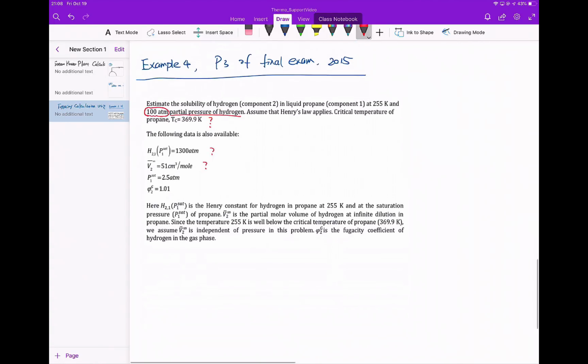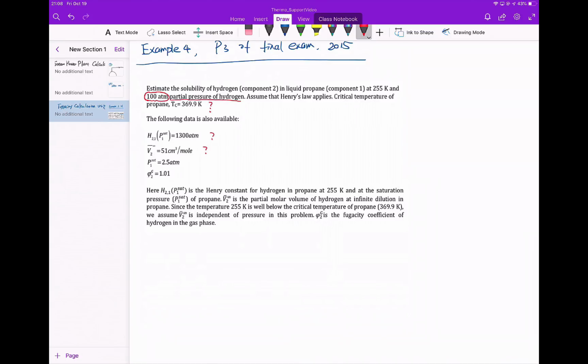Okay. And now it says H21 at P1 sat is the Henry constant for hydrogen in propane at 255 Kelvin and at the saturation pressure P1 sat of propane. V2 infinity partial is the partial molar volume of hydrogen at infinite dilution in propane.